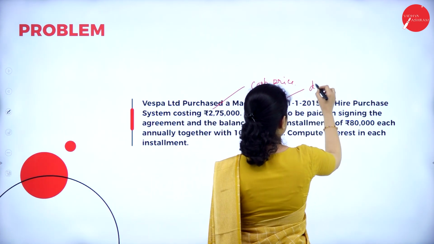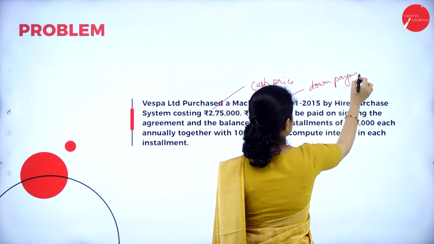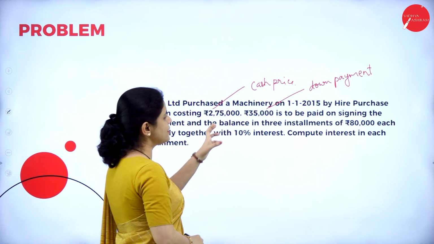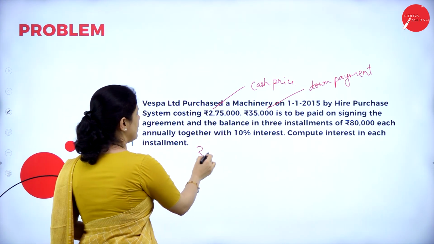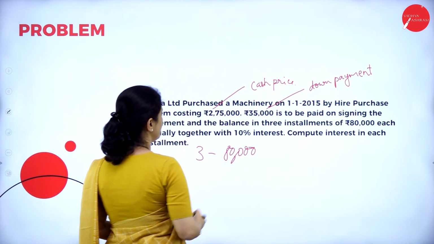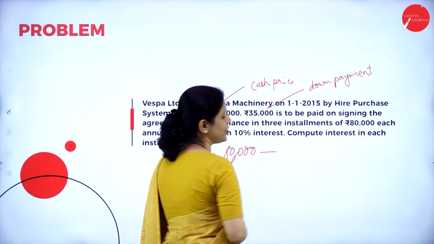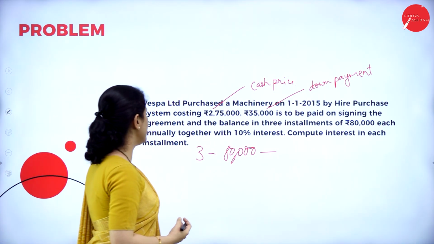It is down payment. So here, the balance in 3 installments each. That means there will be 3 installments and 80,000 each is the installment price together with 10% interest. So rate of interest is 10%. Compute the interest in each installment.